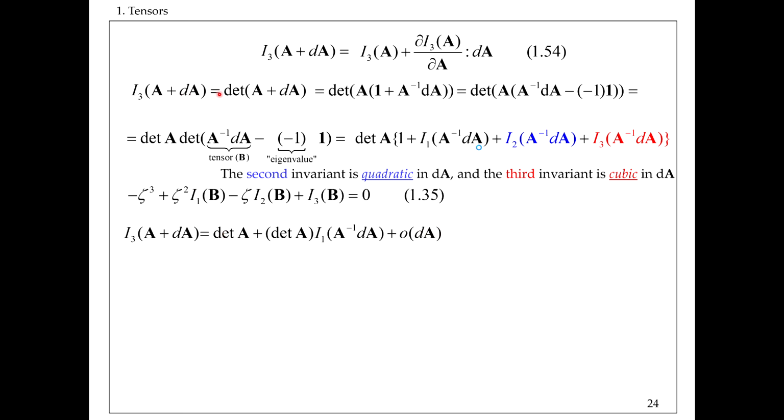Now, basically we say that everything that was here, that calculating of this I3 at the point A plus dA, is equal to the initial value, right? So that A3 at the point A, plus this additional term here.